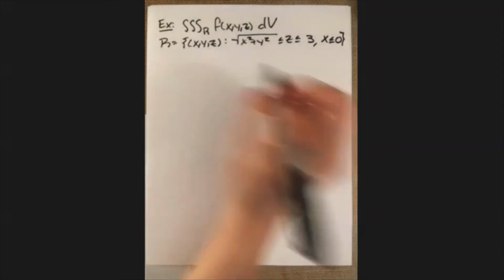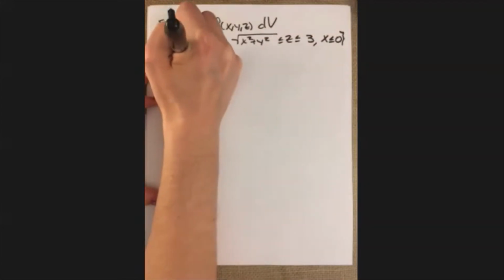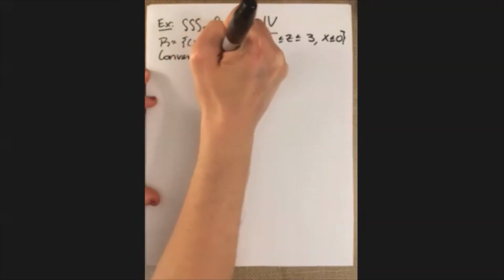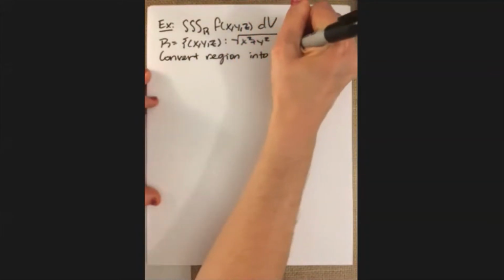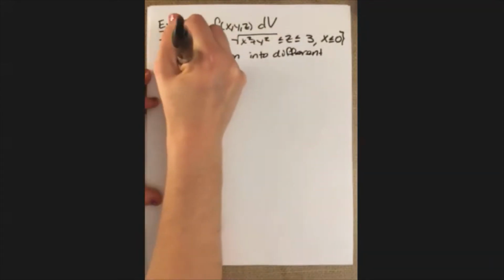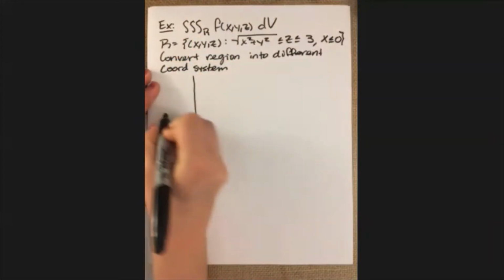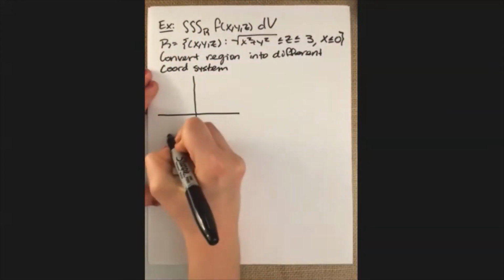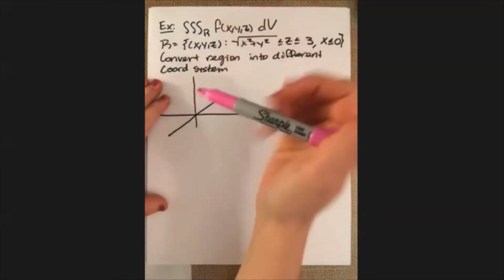So we're going to sketch the region. Okay, so if we look at this region here, this shape right here is a cone.